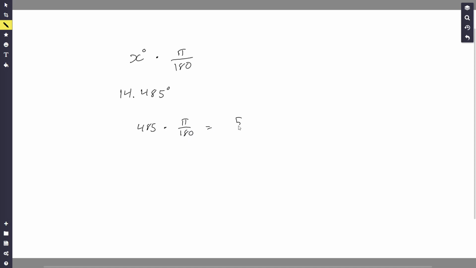What I'm going to do is just 485 over 180 in parentheses, take pi out. This is going to give you 35 over 180, 97 over 36, so 97 pi over 36.